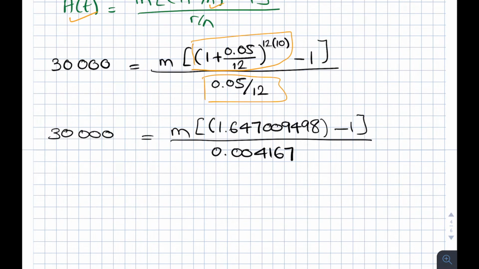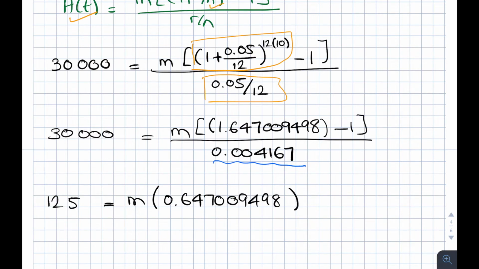So now to solve for m, we're going to multiply both sides by 0.004167, which gives me 125 equals m times 0.647009498, and I got that value from subtracting this one from this value over here.